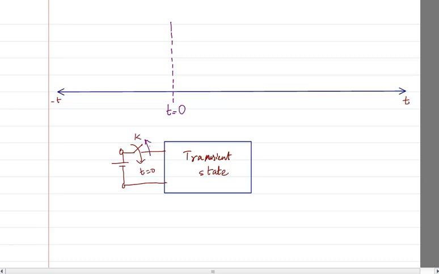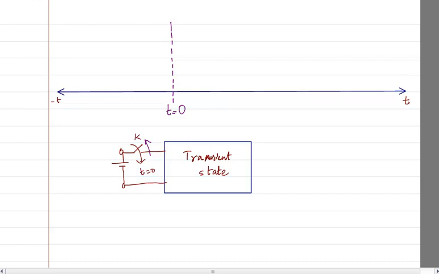So whenever you make a change in the circuit by flipping the switch, you have what is called a transient stage. In the transient stage, the current is flowing, and the inductor and capacitor are trying to charge up. Once it gets charged up, slowly with time, the circuit again goes from the transient state to a steady state.